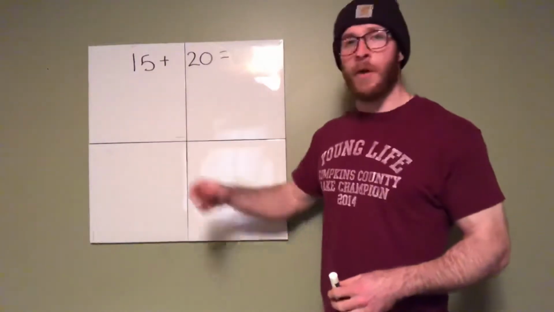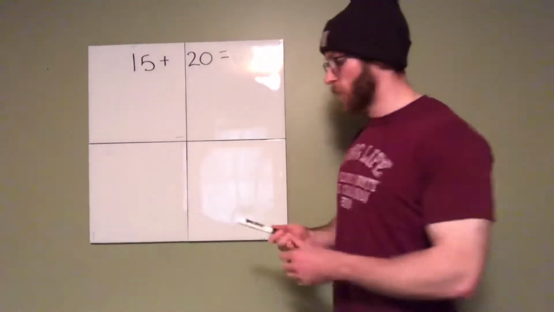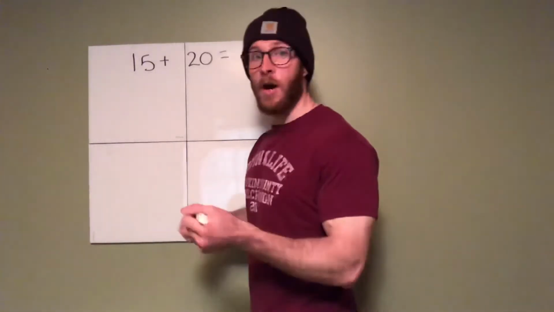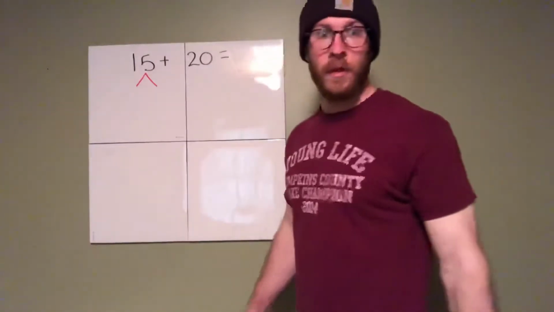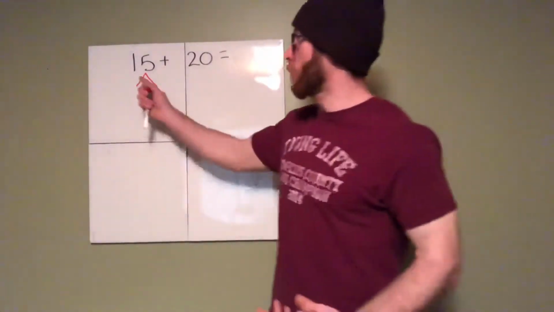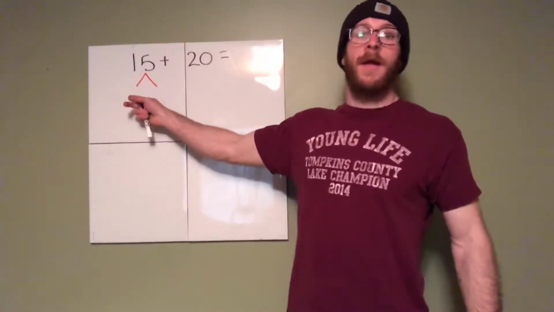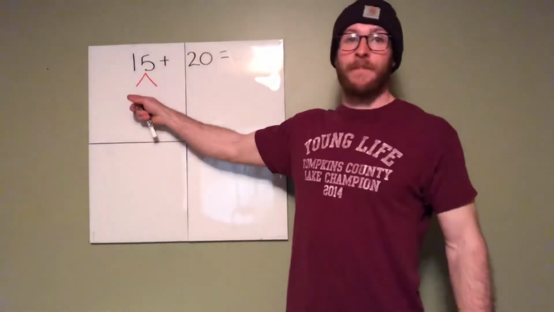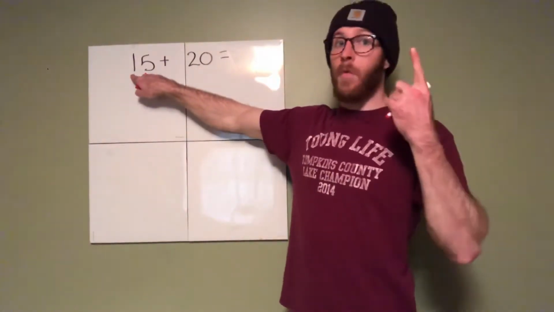I'm going to pick the smaller number to break apart. I see it has ones and tens, so I want to split it into its ones and tens. So I'm going to draw a number bond underneath my 15. Now, if I were to split my 15 into its tens and ones, how many tens are there in my 15? If I look at my tens place, I see a number 1, so that must mean there's 1 ten.